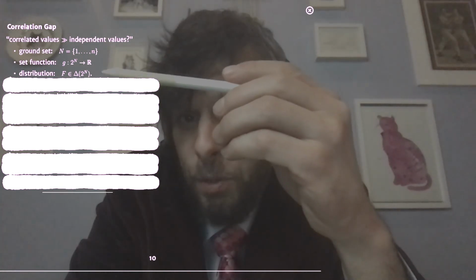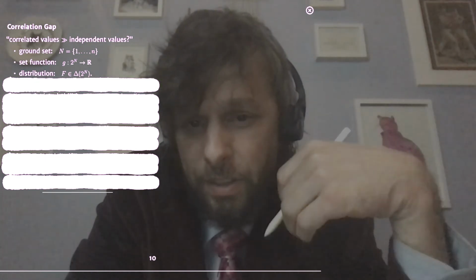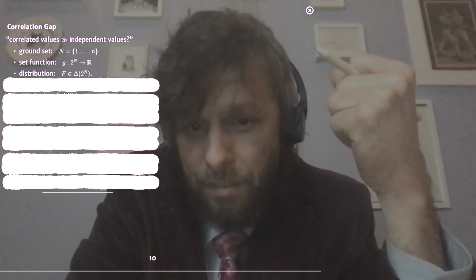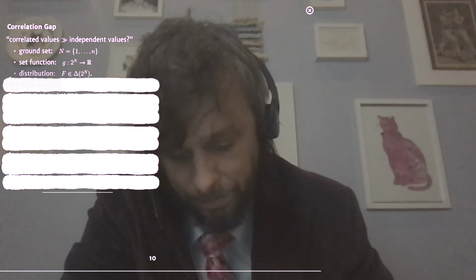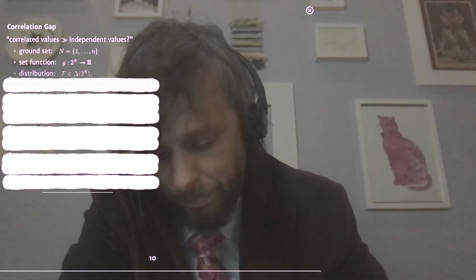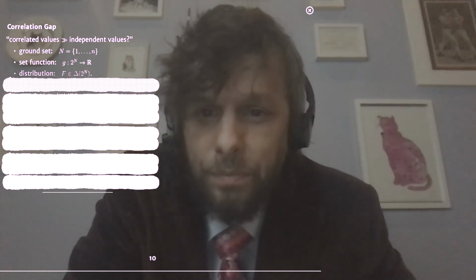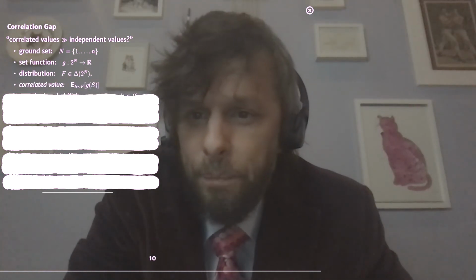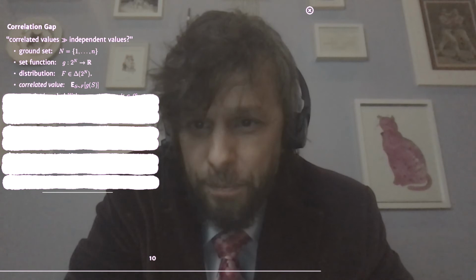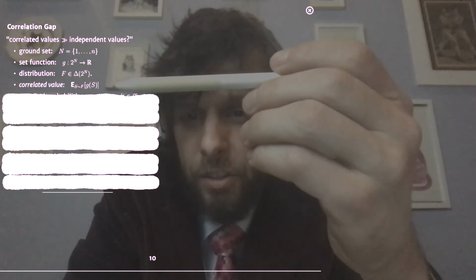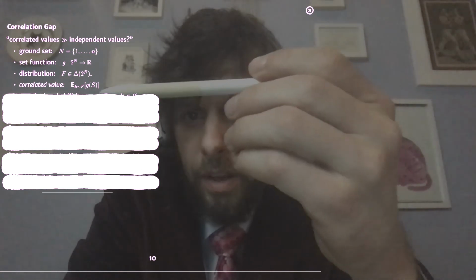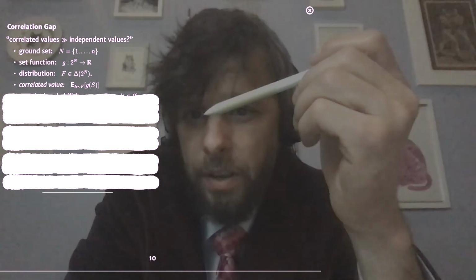And there's going to be a distribution over the ground set, a distribution over the sets of agents that show up. Great. So the correlated value is just the expected value of the set function g when a set is drawn from this distribution f.